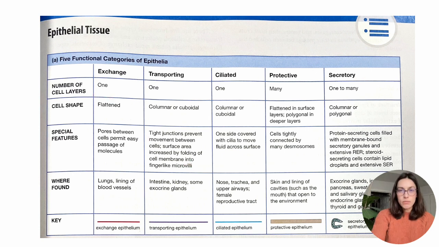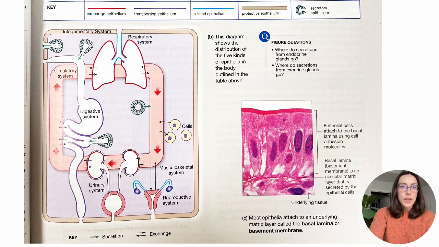So I would like you, although I already talked about it, to take some time to figure out how the relationship between the cell shape and the layer of cells is connected to the function. And there are some examples of these different exchange epithelium, transport, ciliated, protective, and secretory epithelium in different parts of your body.